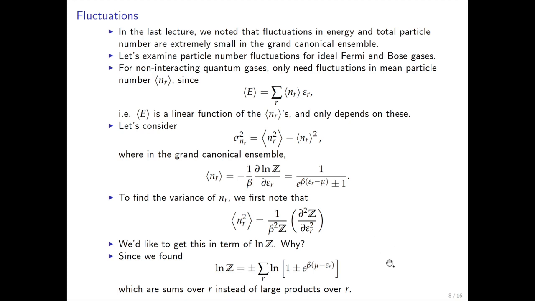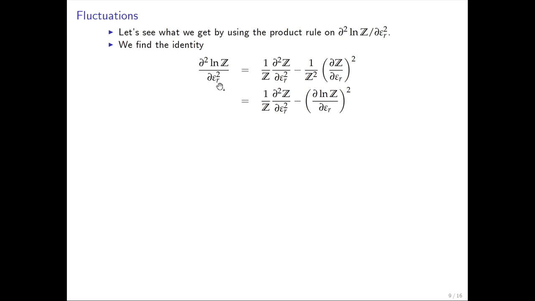Well, first thing we do, let's just see what we get if we take the second derivative of the log of the grand sum with respect to epsilon r squared. Let's just do that, since we know we have a nice expression for this, and see what we get. And if you do that, you find this identity. That's just the product rule.